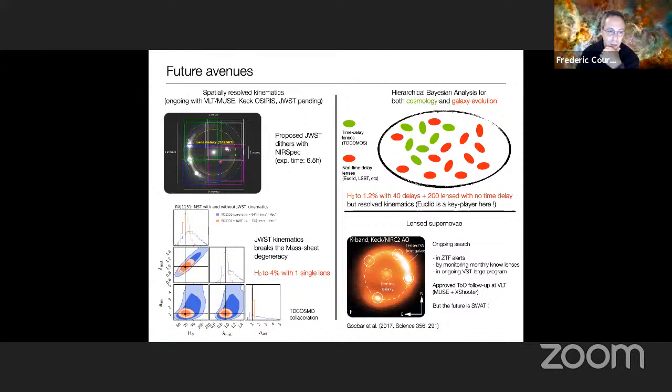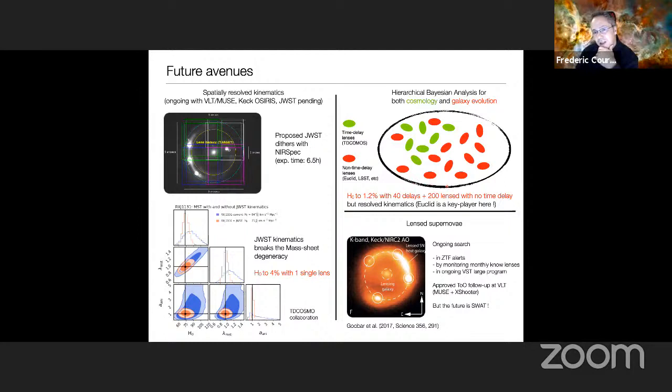So it's complementary, it breaks some degeneracies inherent to lensing, and that brings us to 4% precision on H0 with one single lens. So if you have 10 lenses observed with James Webb and with time delays, potentially you get to 1%. So that's one avenue. Let's see if we get the time.